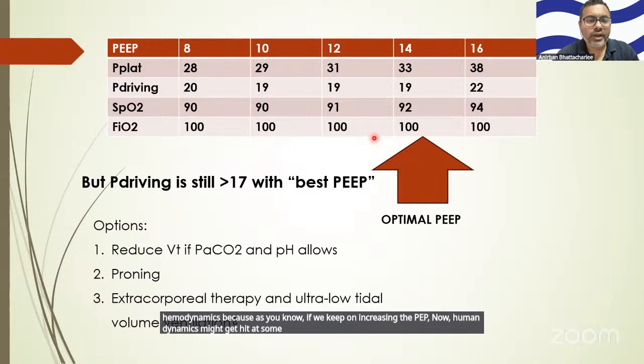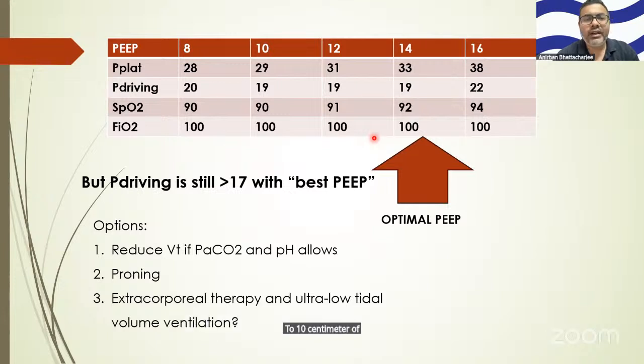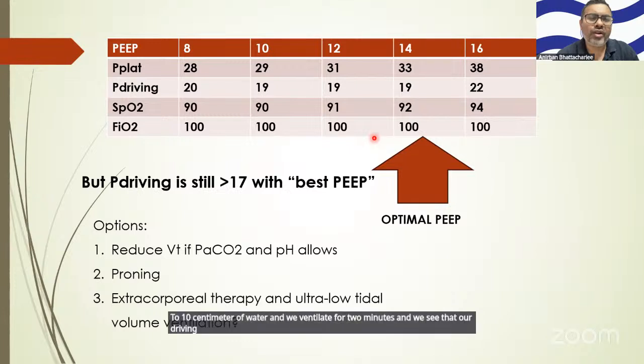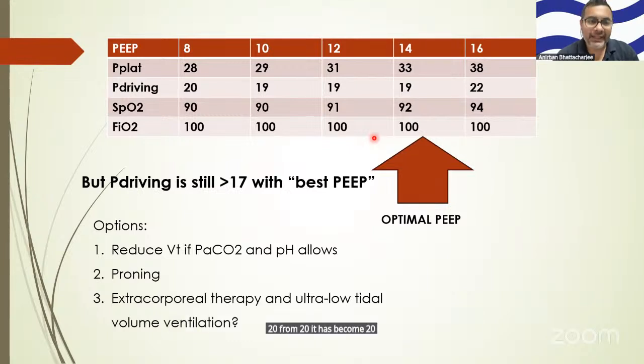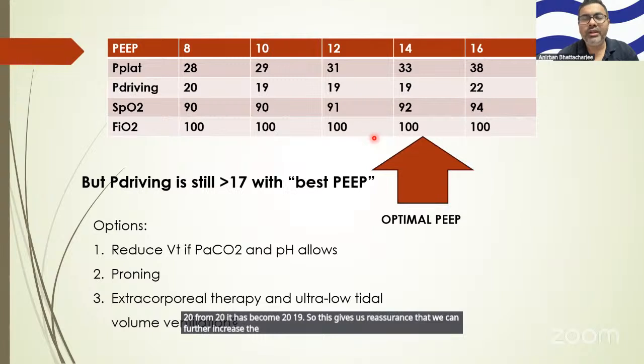After we bring the PEEP up to 10 centimeter of water and ventilate for 2 minutes, we see that our driving pressure is somewhat reduced, from 20 to 19. This gives us reassurance that we can further increase the PEEP to see what happens. Your SpO2 has not changed. It is 90%, and it has been the same after 10 centimeter water as well.